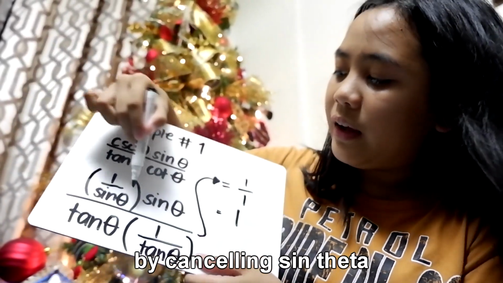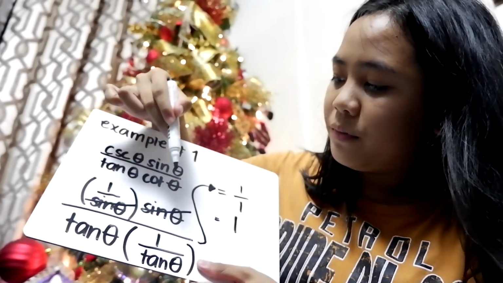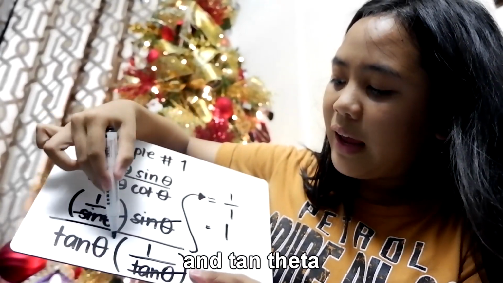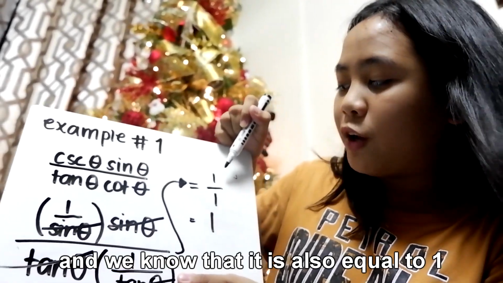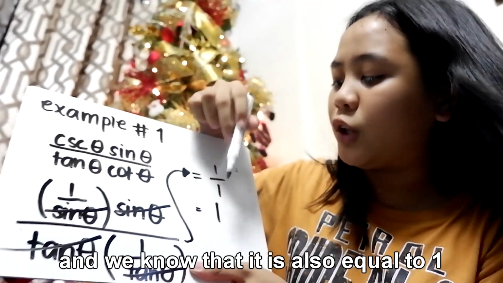By cancelling sine theta and tan theta, we get 1 over 1, which is equal to 1.